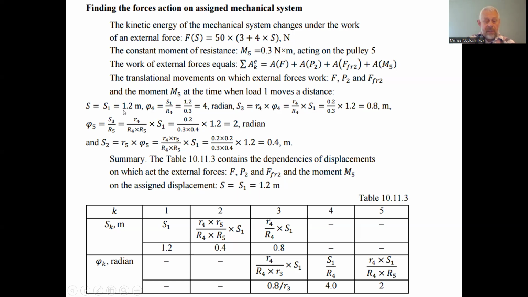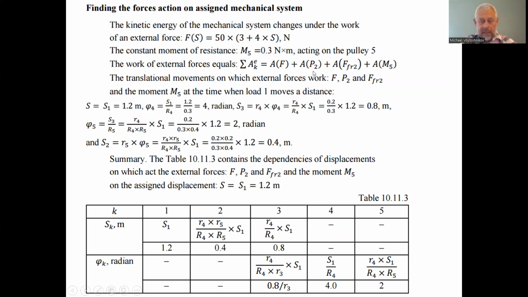The distance was assigned 1.2 meters along the inclined surface, as I remember, inclined at 30 degrees. Let's define the elements of the motion. We did it for the velocities, but what about the displacements? Can we redefine the displacements of all the listed elements, as the first element is assigned the motion of 1.2 meters for the specified state of the system to find the velocity of the second load?